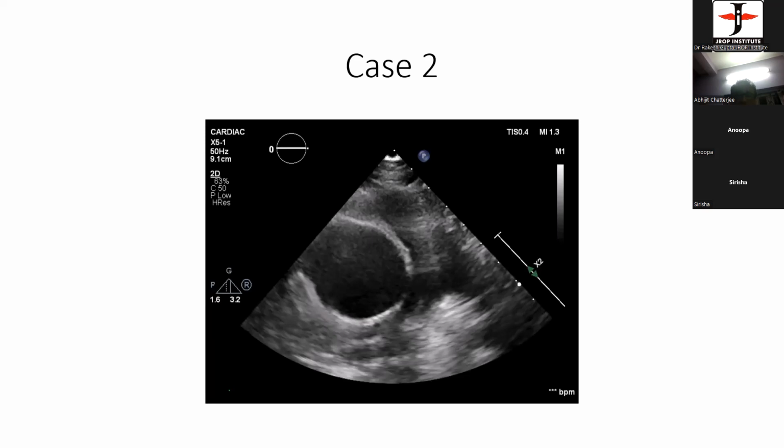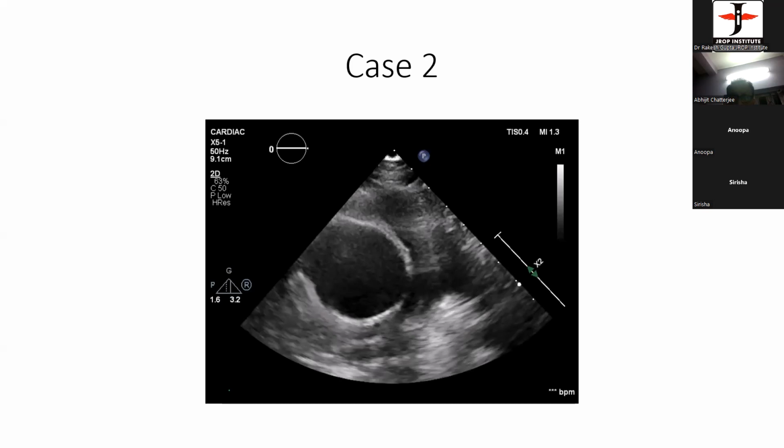Okay, fine. How will you assess the severity of mitral regurgitation? Mitral regurgitation we can assess by the vena contracta. In severe MR, the vena contracta will be more than 0.7 centimeter. See, vena contracta is one method. What are the other methods?